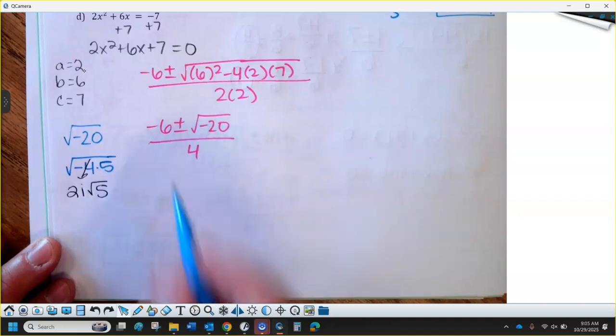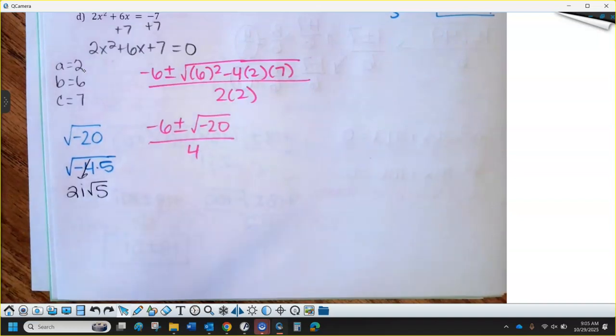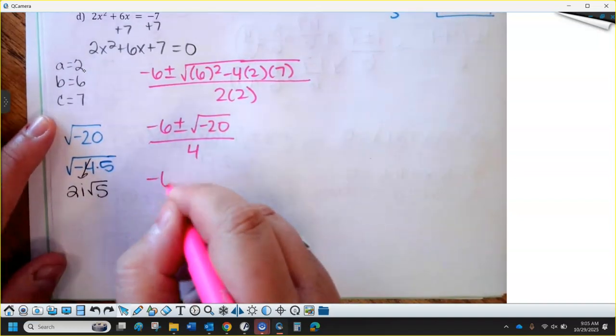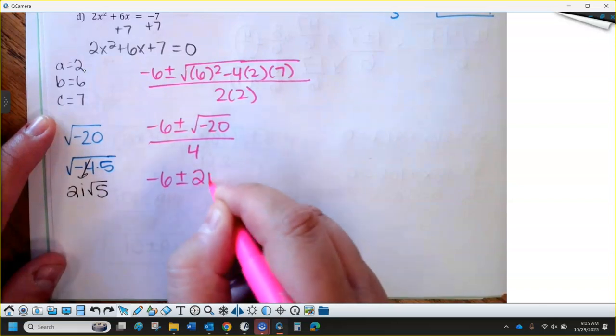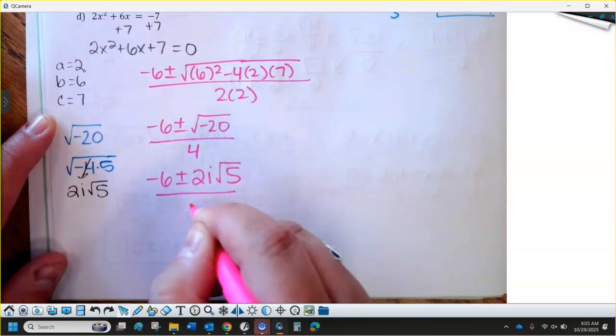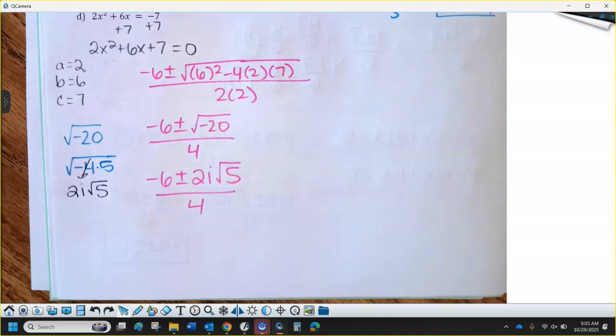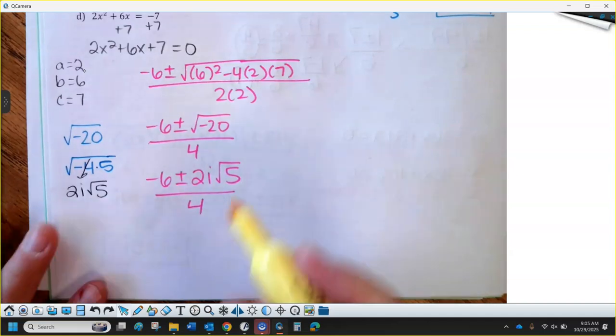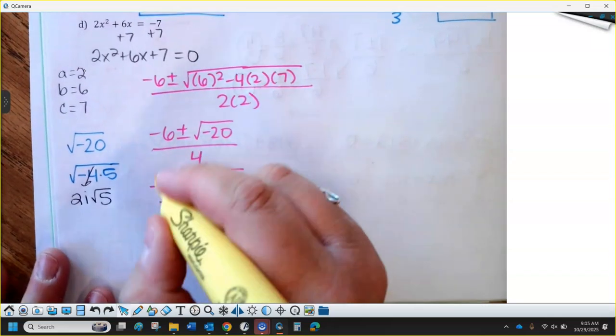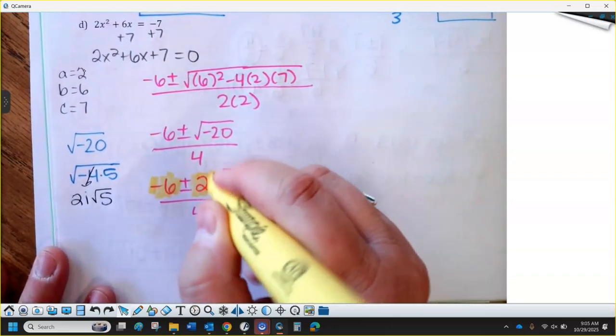Alright, so I'm going to go back and replace what I had for that square root of -20. This would be 2I radical 5, everybody over 4. Okay, now, when you guys do this, and it doesn't always happen, but I'm trying to practice this with a couple questions with you to see this. Don't touch the radical, alright? Don't touch the radical.